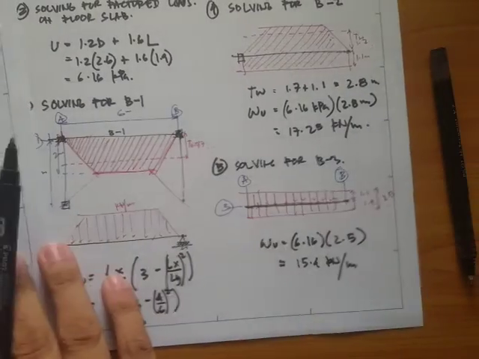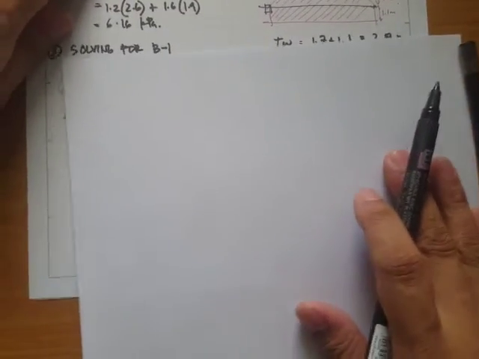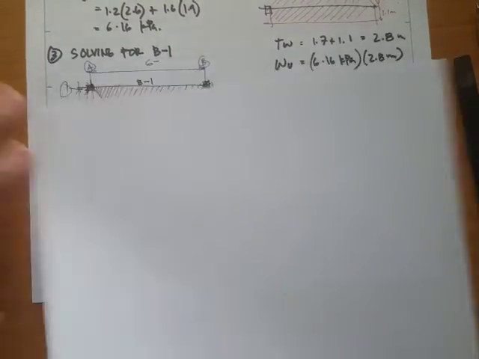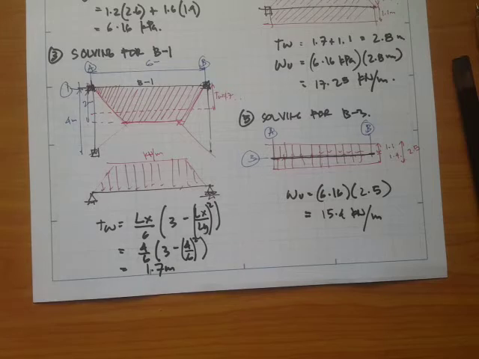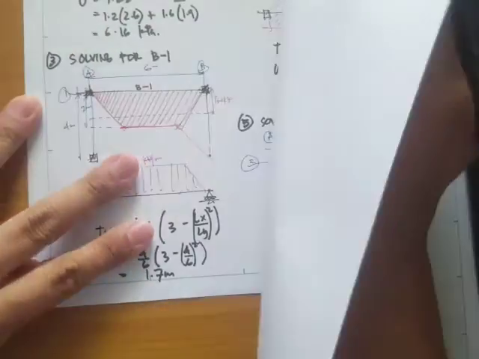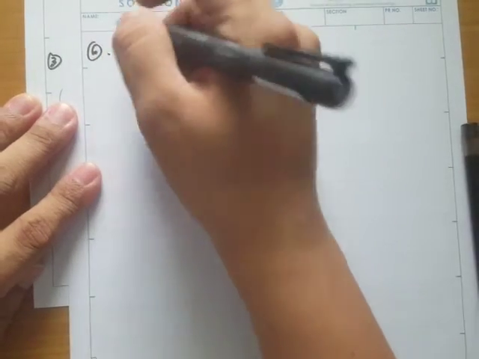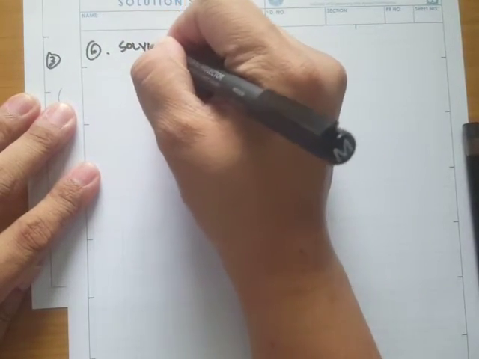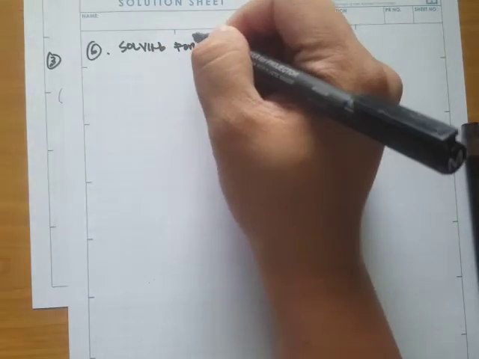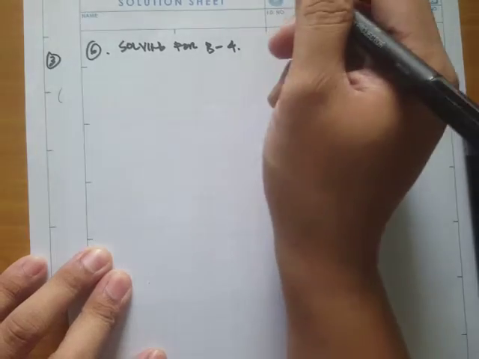Okay, so if we try to illustrate that, step number 6, solving for this B-4.